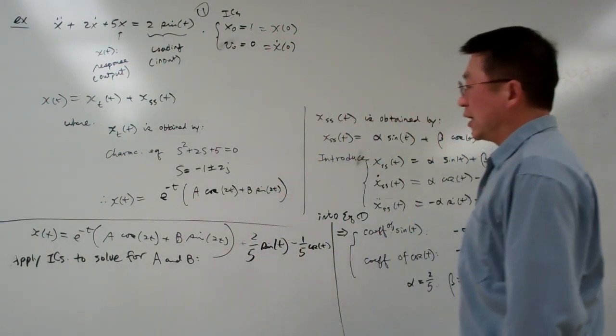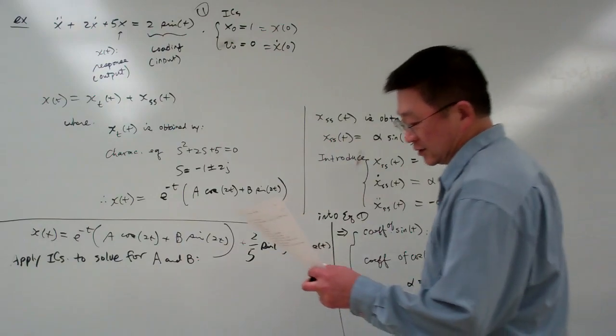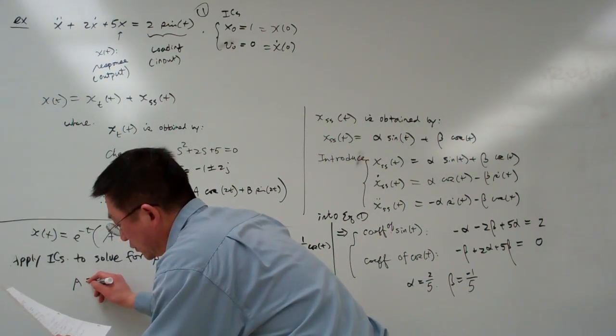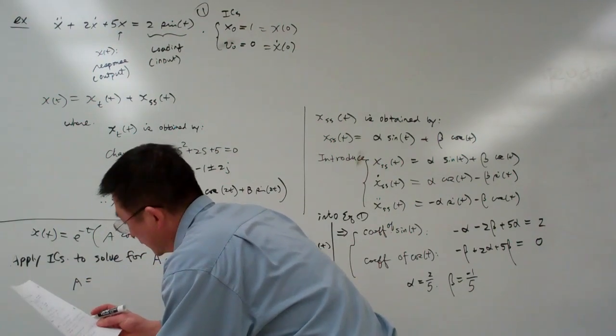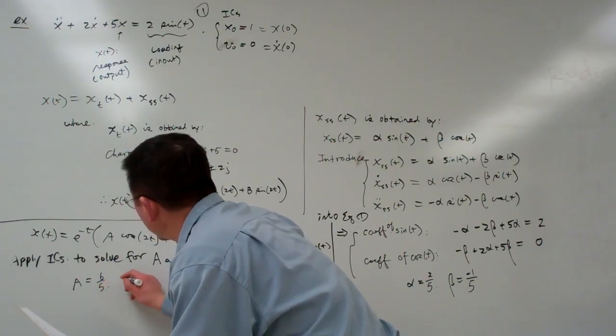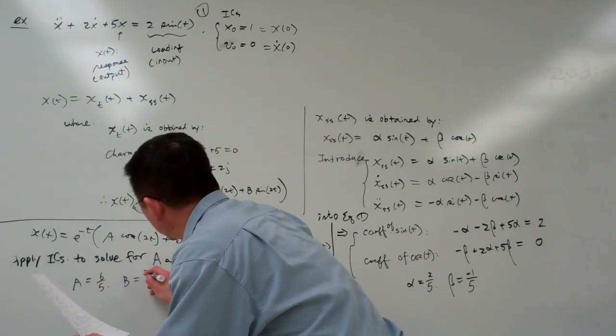Plugging in that information should be very easy. Therefore, we have A equal to 6 over 5 and B equal to 2 over 5.